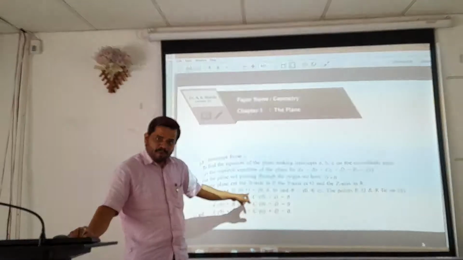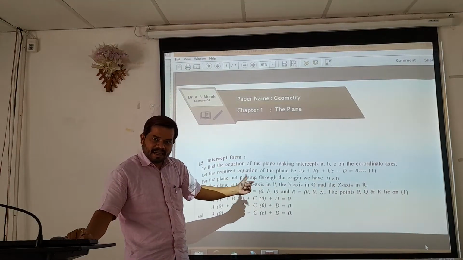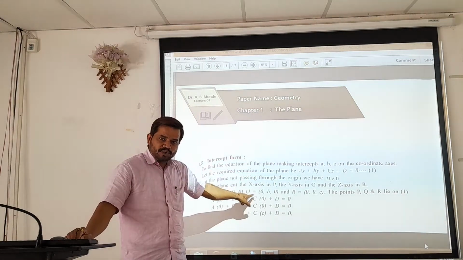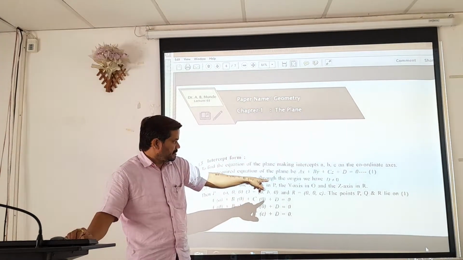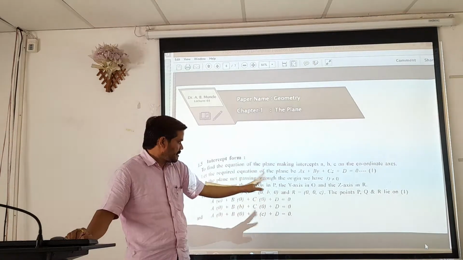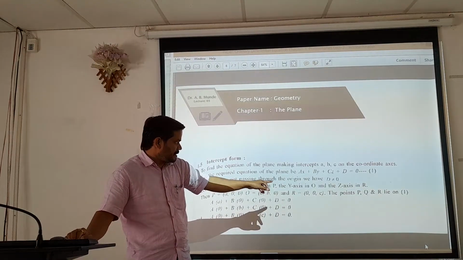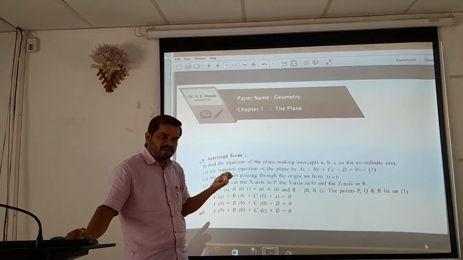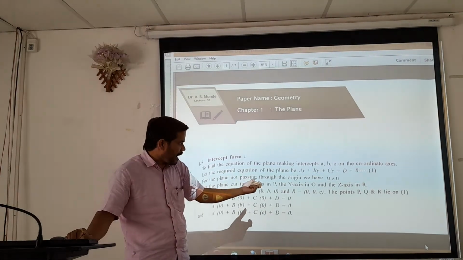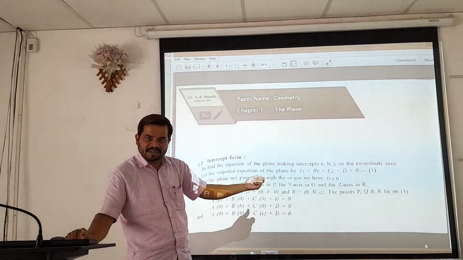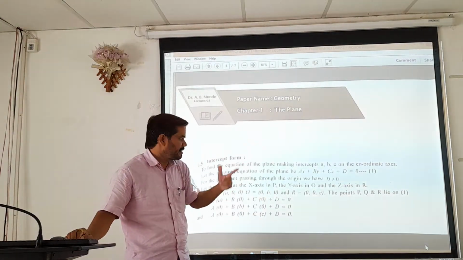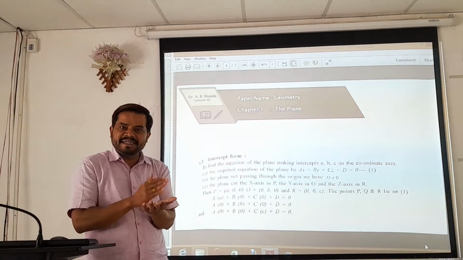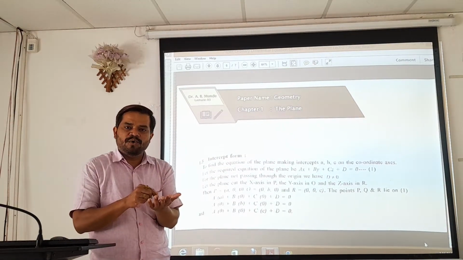Q is the point whose coordinates are (0, b, 0), because this point Q is on the y-axis. And the last one, R, is the point where the plane cuts the z-axis, and its coordinates are (0, 0, c). Do you understand? These are the coordinates of P, Q and R.